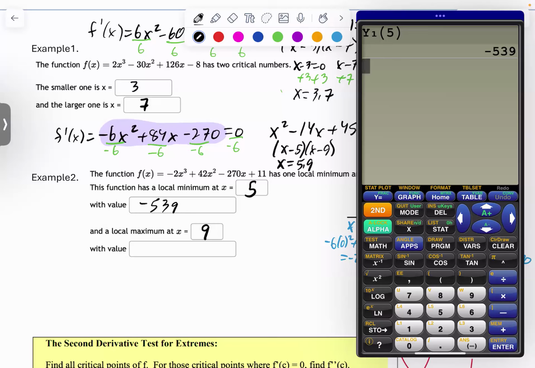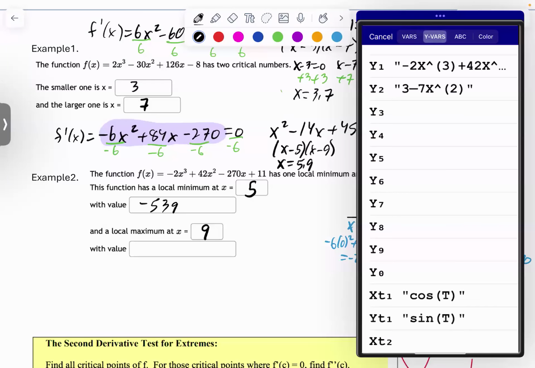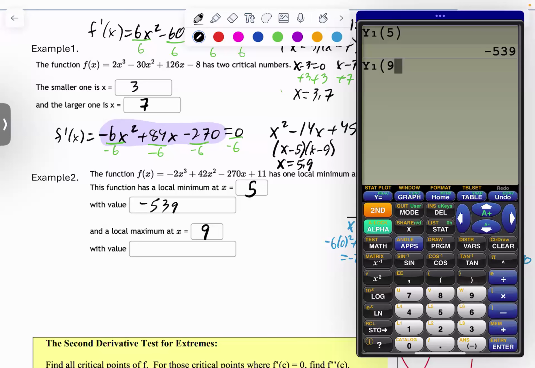And that is going to be a local minimum value. And I'm going to redo that, vars, y vars, y1 at 9. This is going to be -475. So we have a local minimum at -539, and we have a local maximum at -475, is what all of that means.